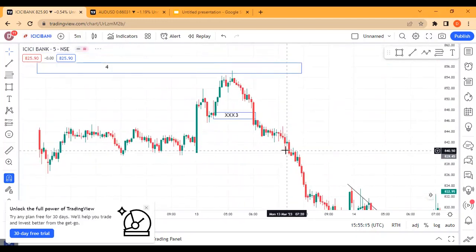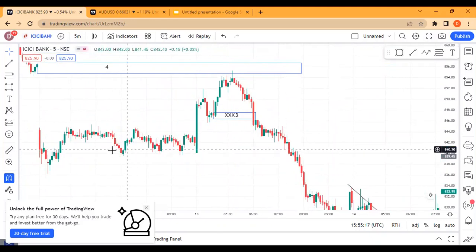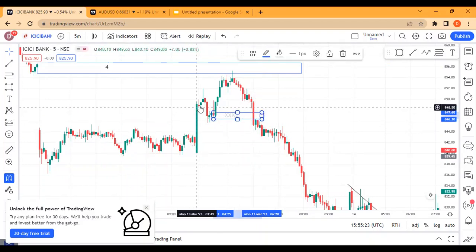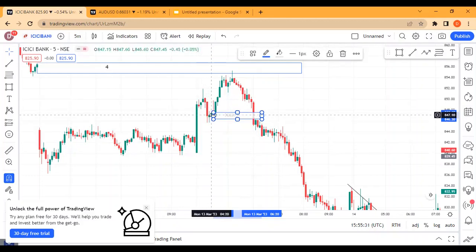Now, so what you said, let us go again. Now, this one is not holding. This one did not hold. What happened here? Price was moving in an uptrend. It moves in an uptrend. It retraces again. Now, price breaks this structure. This is a continuous structure. Break of structure.